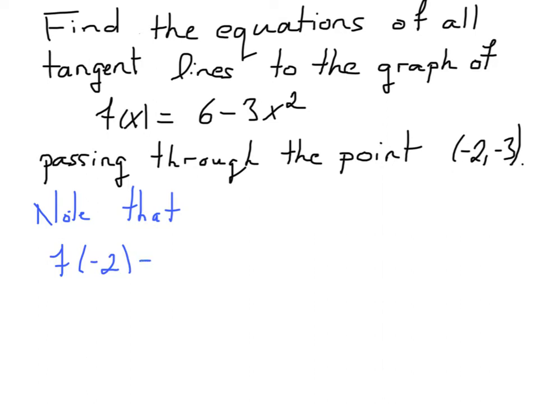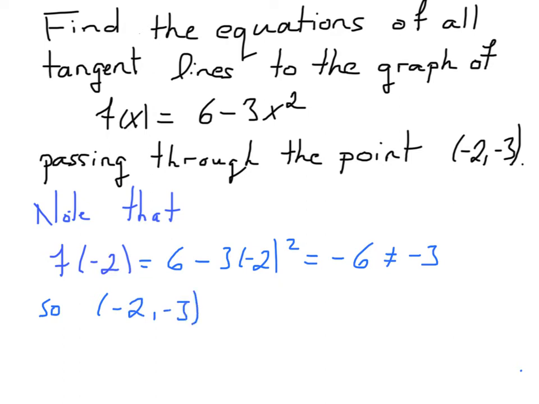This is equal to 6 minus 3 times minus 2 squared, which is 6 minus 12, which is minus 6, and that is not equal to minus 3. So, in fact, the point minus 2, minus 3 does not lie on the graph of f.